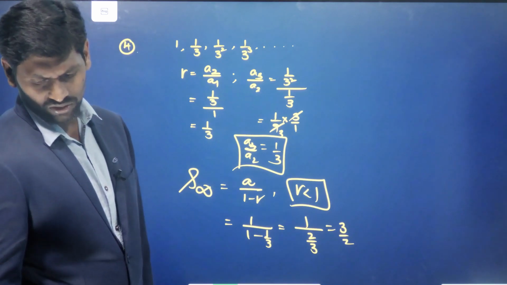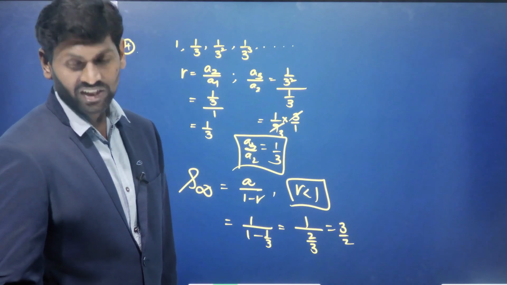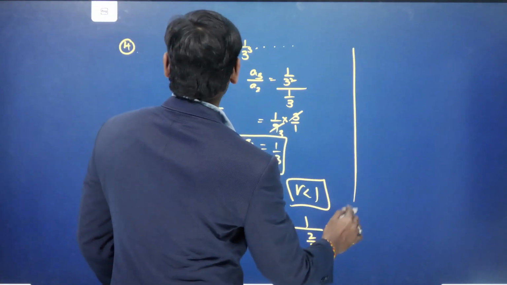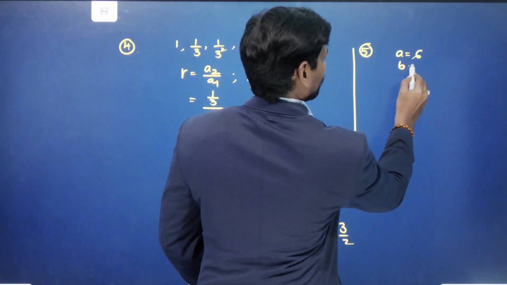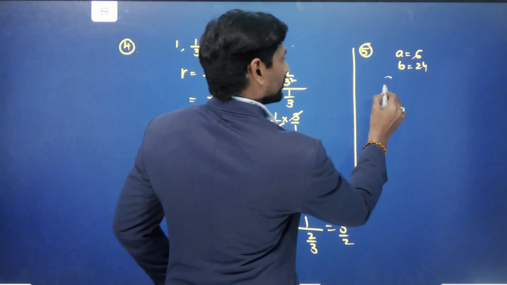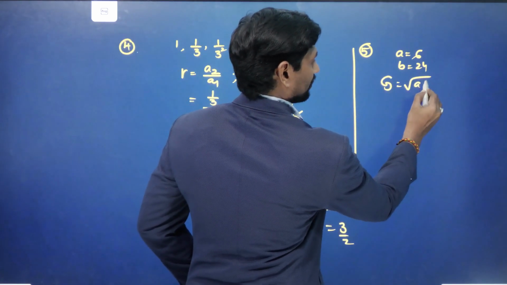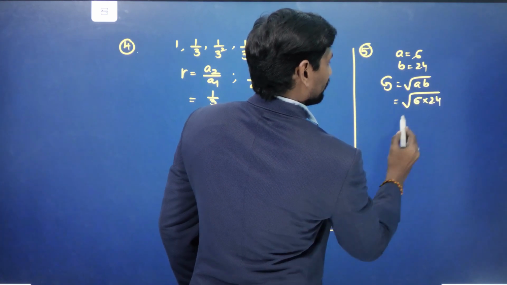Okay? So now let us go to question number 5. The geometric mean is asked for 6 and 24. What is the geometric mean formula? Geometric mean G is equal to square root of AB. That is equals to square root of 6 into 24.